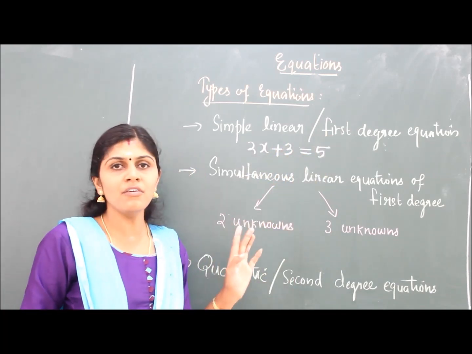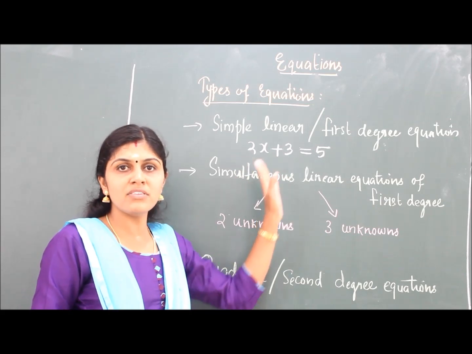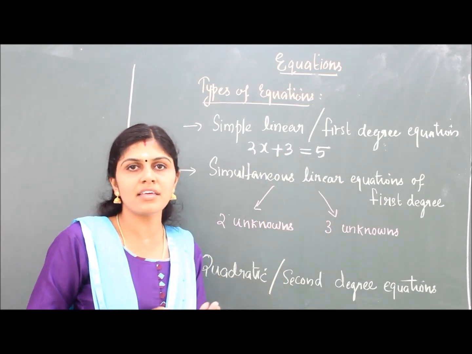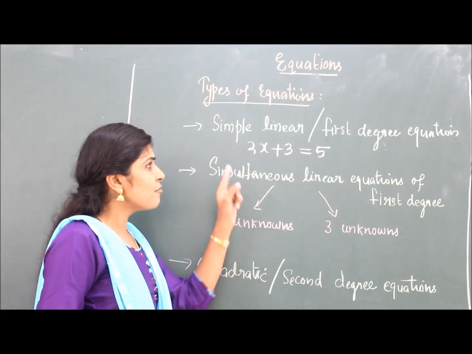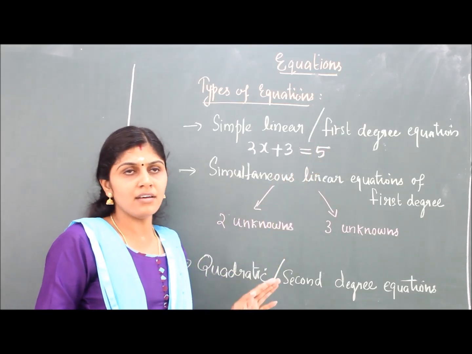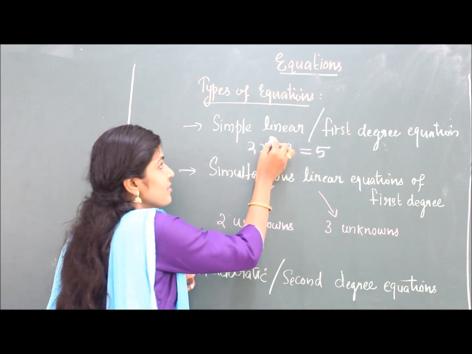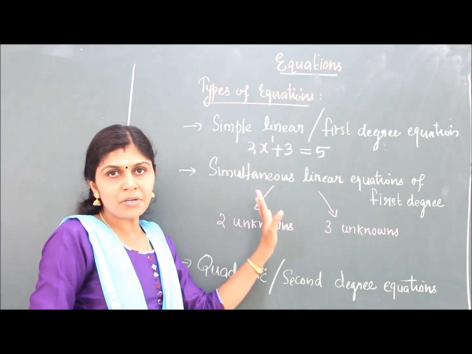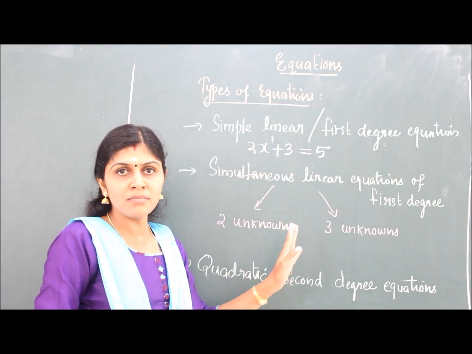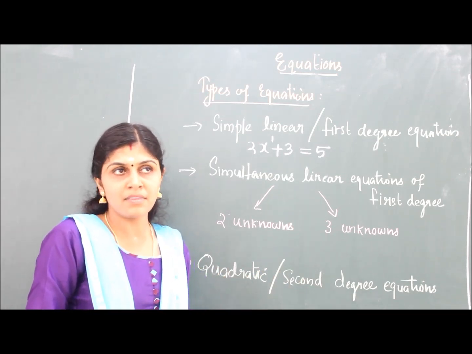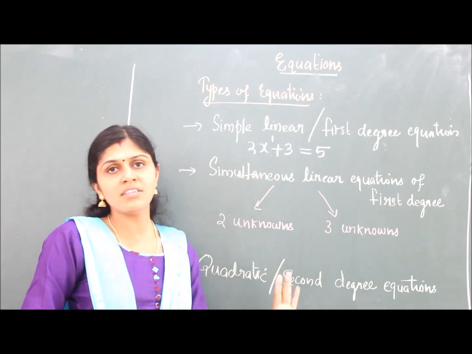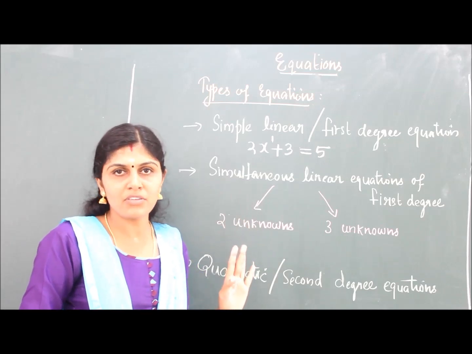This is an example of a simple linear equation, which is otherwise known as a first degree equation. Why is it of first degree? Because the highest power of the variable involved in it is 1. There is no x square term, no x cube term, no xy term, nothing. That is why this is a first degree equation or simple linear equation.